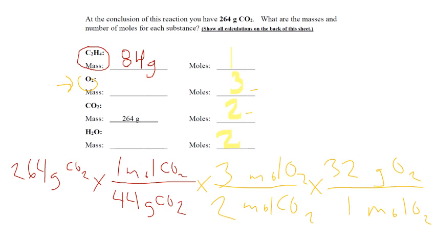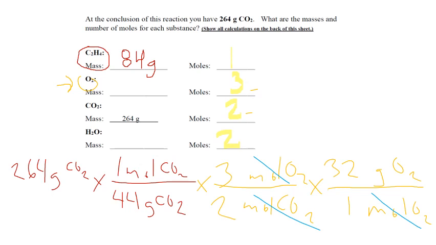Now you'll notice something great, and I didn't show this on the example before: every time I go, I cancel something out. So I cancel my moles of oxygen out, and I cancel my moles of carbon dioxide out. This gets canceled out right here, and this gets canceled out here. I'm not crossing it out because I kind of want to leave it for the next round.